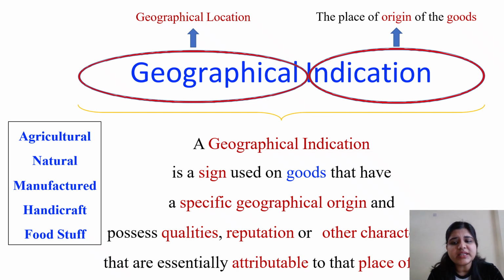Similarly, the Hyderabad Halim also. In Hyderabad, while cooking the Hyderabad Halim, they use pots that are made in the region of Telangana. The quality of the material attributed to the preparation of the pots, and the preparation of the halim itself in those pots, and the texture, the aroma, the taste that the pots contribute to the preparation of the halim, basically give it unique qualities or characteristics that are not found in any other part of India or the world for that matter.